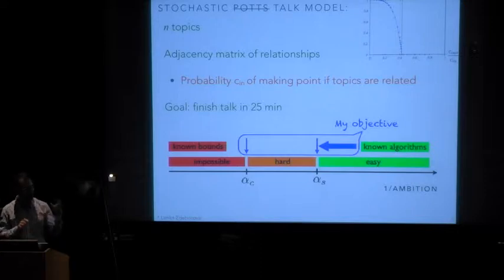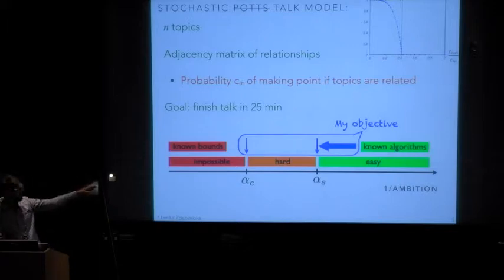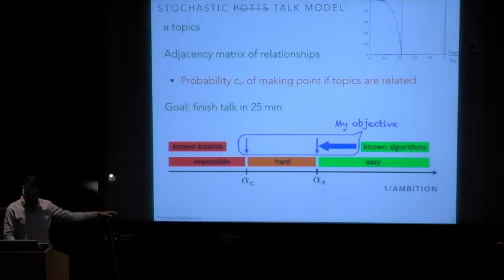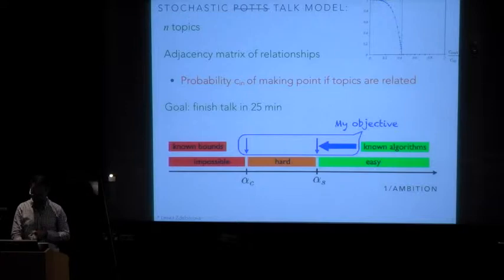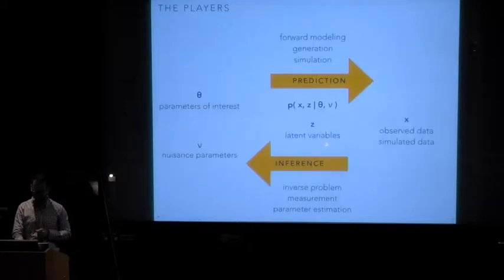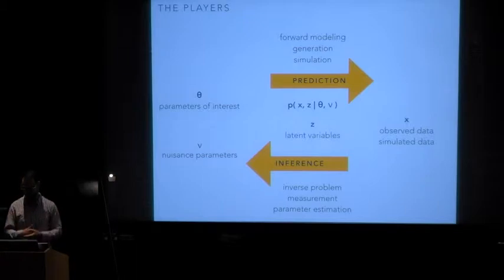If there's some probability of me trying to make one of those points, there are known algorithms for making this talk finish in 25 minutes, and then there are impossibility bounds. So I gave up because I know that I'm well beyond the phase transition of what's possible. So I'm going to focus mainly on where my heart is in this topic, but it really hits many of the different issues.